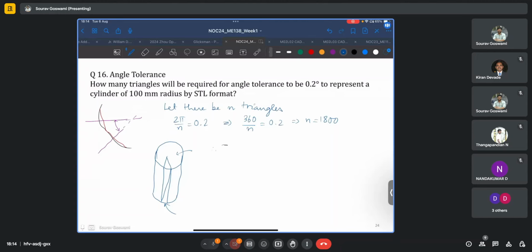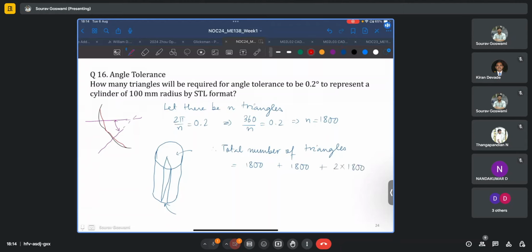Thus, the total number of triangles that will actually be needed to tessellate the whole cylinder will equal 1800 for the top face, 1800 for the bottom face, and 2 into 1800 for the lateral face.